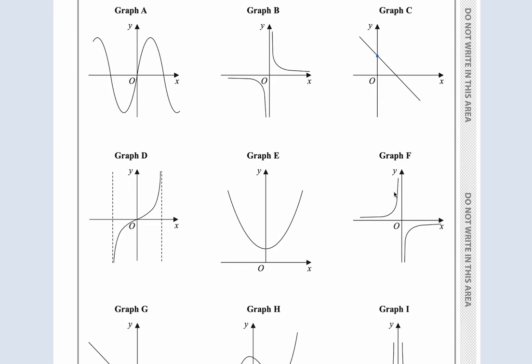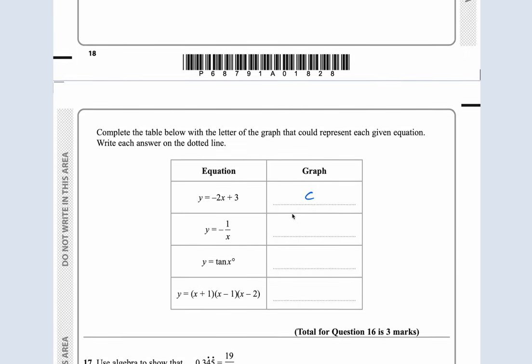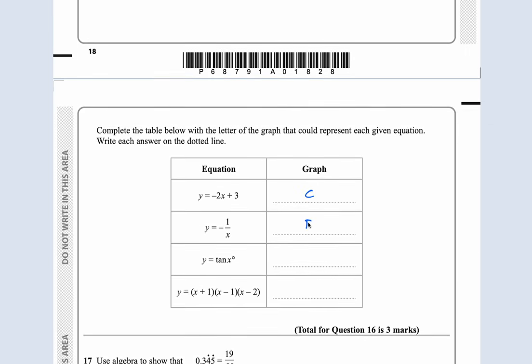And in this one, when x is minus 100, y is minus minus, so it becomes plus. So this one is plus 1 over 100, hence this is the answer to the second part, F.